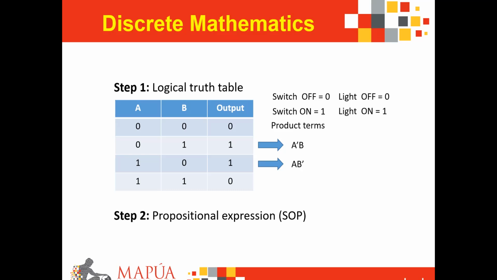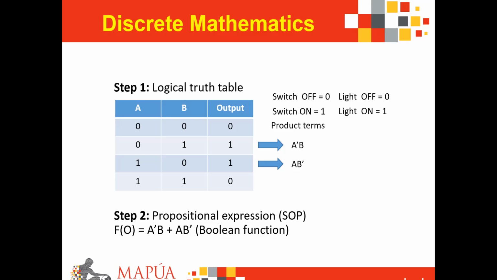If we then convert them to our sum of products expression, you would end up with a Boolean function equal to A not multiplied by B plus A multiplied by B not, or A' B plus A B'. In converting that into a propositional expression, with symbols you are more familiar with, your negation or NOT is simply replaced by a negation symbol.